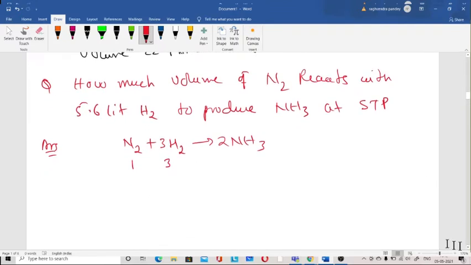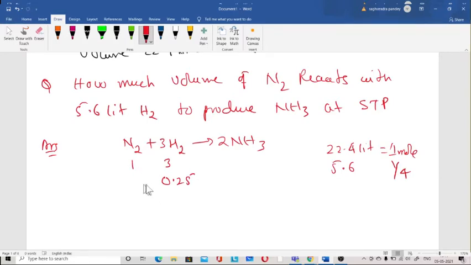If I am taking 5.6 liter H2, how many moles are there? 22.4 liter is your 1 mole, so 5.6 liter is 1/4 of that. So that is 0.25 moles.